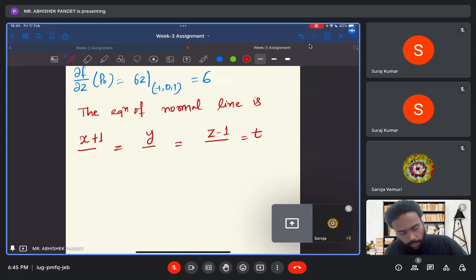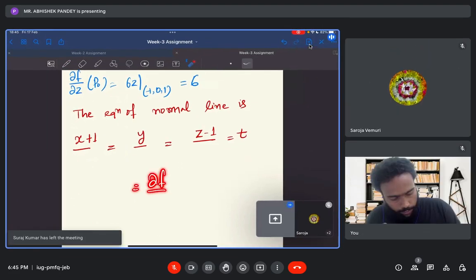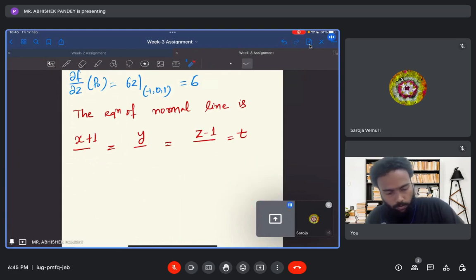This line is parallel to del f at p naught. Okay, so del f at p naught is what? Del f by del x at p naught, del f by del y at p naught, del f by del z at p naught. Okay, so this is parallel to this one.